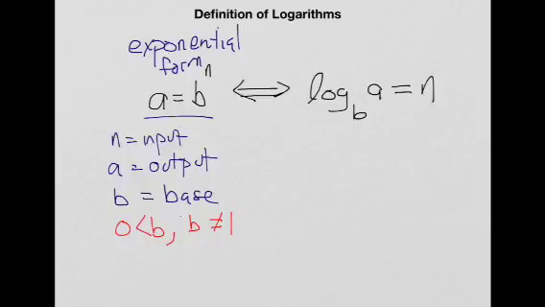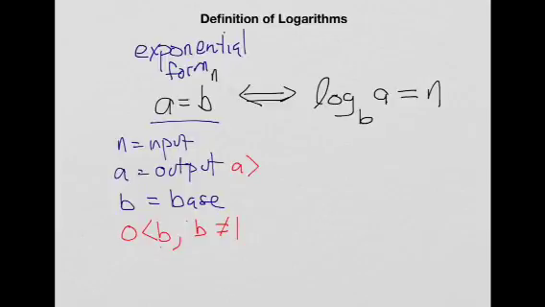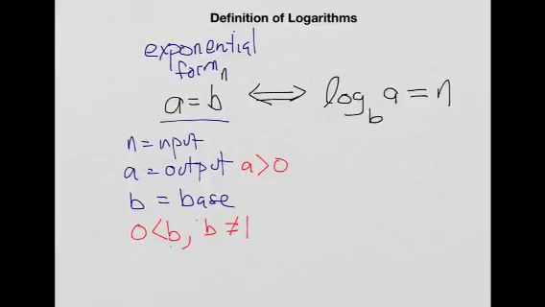But as a result, since my b is always going to be positive, if I take a positive number to a power, no matter what the power is, I'm always going to get a positive number out of that. So my a has to be a positive number, my b has to be a positive number, but my n can be any real number.